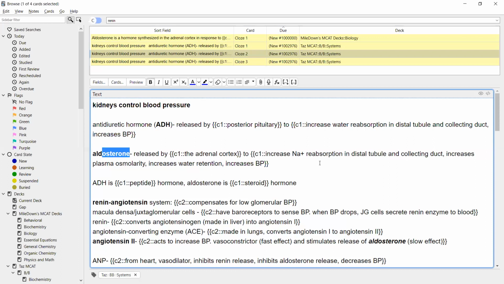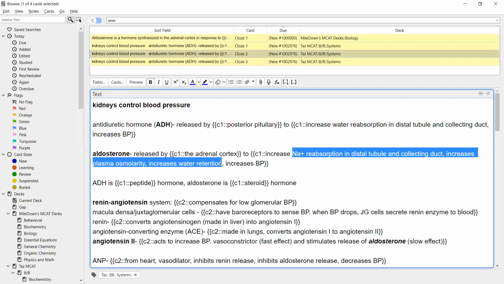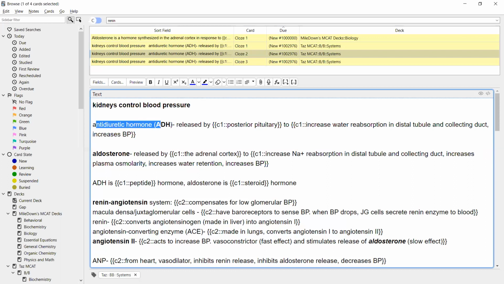Aldosterone does it by taking sodium in, which causes water to come in as well. So the main difference is the antidiuretic hormone is not absorbing sodium. The aldosterone is absorbing sodium.